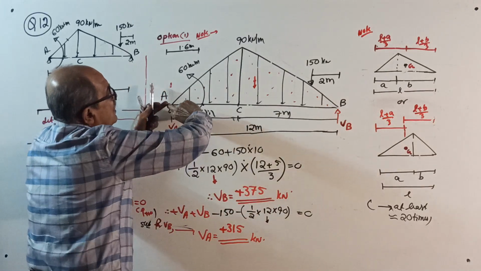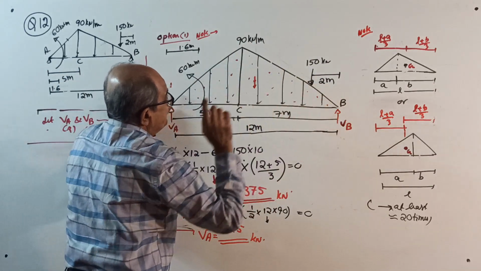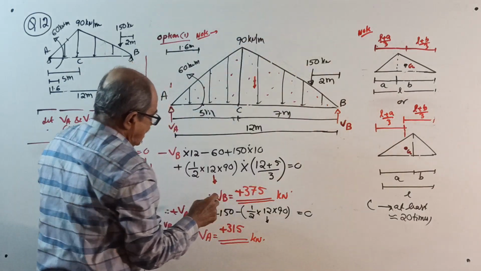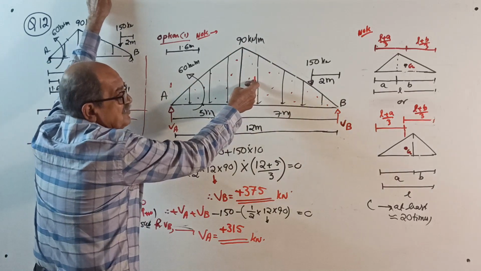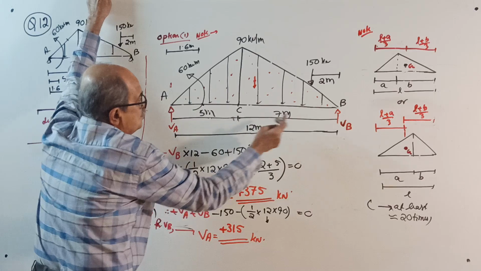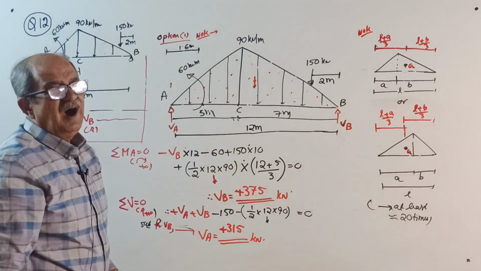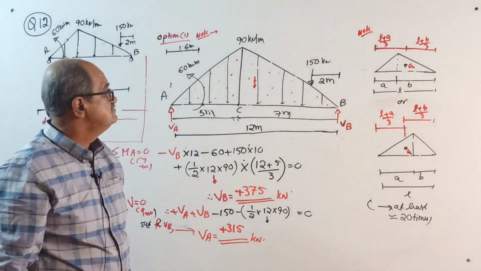Then consider the entire load: half into 12 into 90 is the total load, into the distance from here to the line of action of that load, which is the centroid, 12 plus 5 divided by 3, equal to 0. As explained earlier, you get the value of VB.